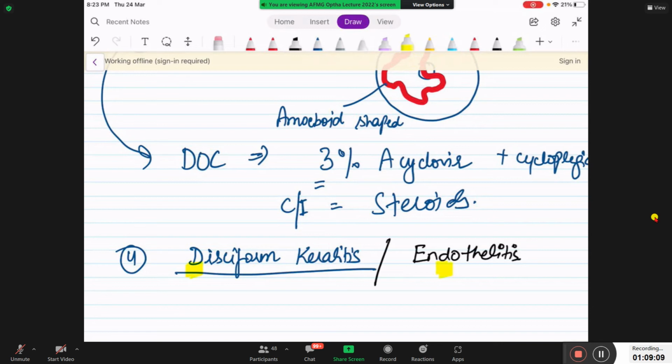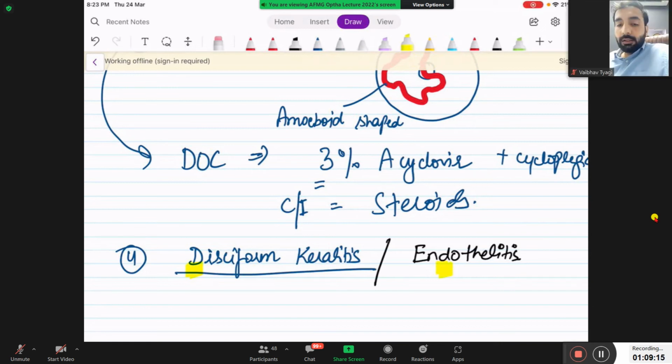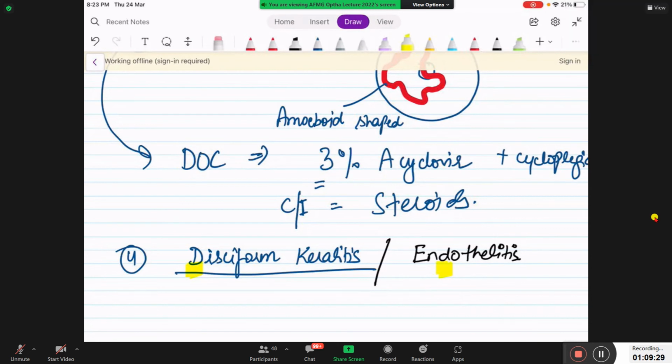Now, what do you mean by endothelitis? It means that the keratitis infection is so severe that it is involving the deeper layer of the cornea, right? Deeper layer means endothelium. So the infection is so severe that it is invading the endothelium of the cornea. Clear?